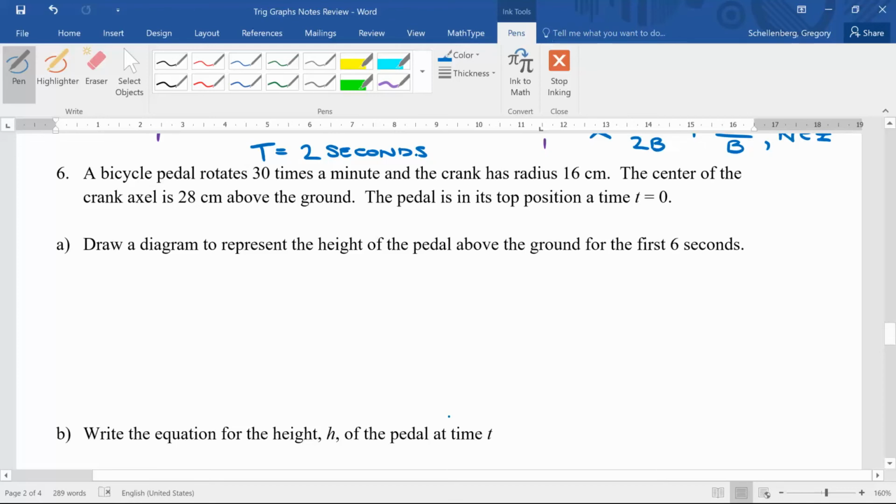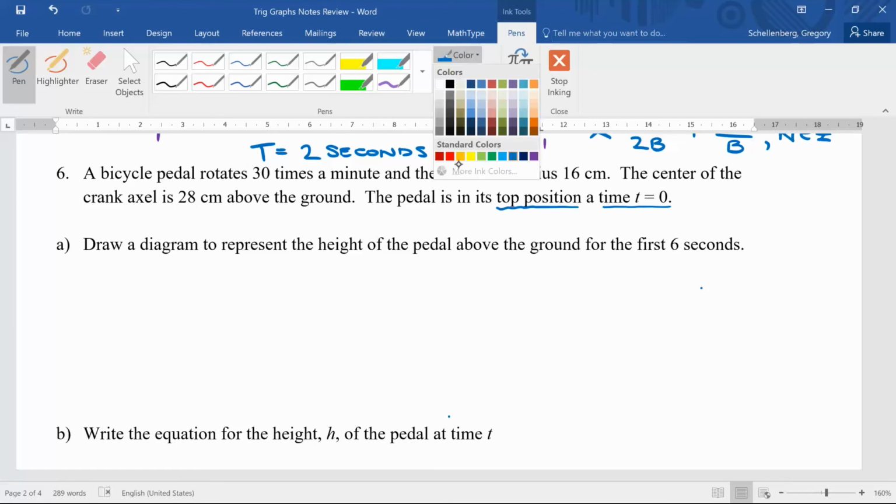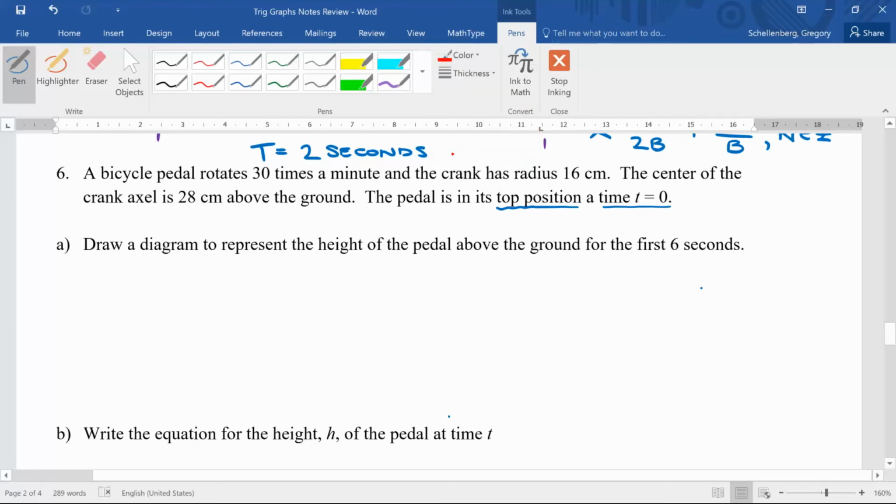Okay, the crank has a radius of 16 centimeters. The center of the crank axle is 28 centimeters above the ground. The pedal is in its top position at a time t equals 0. Okay, so top position, time t equals 0. If it's in the top position, I'm thinking that this is a positive cosine function.